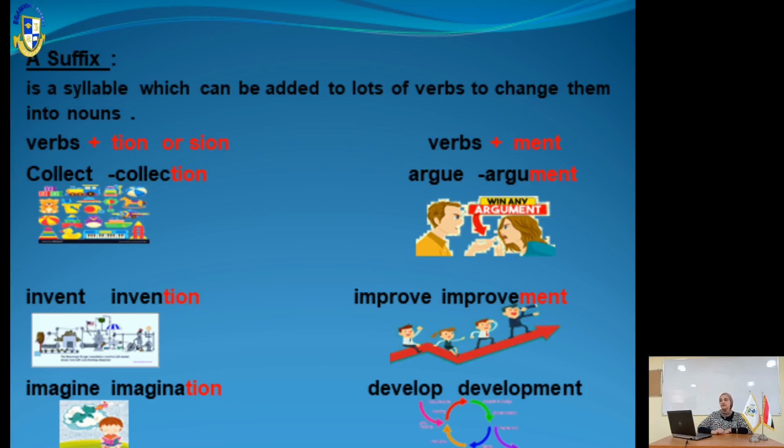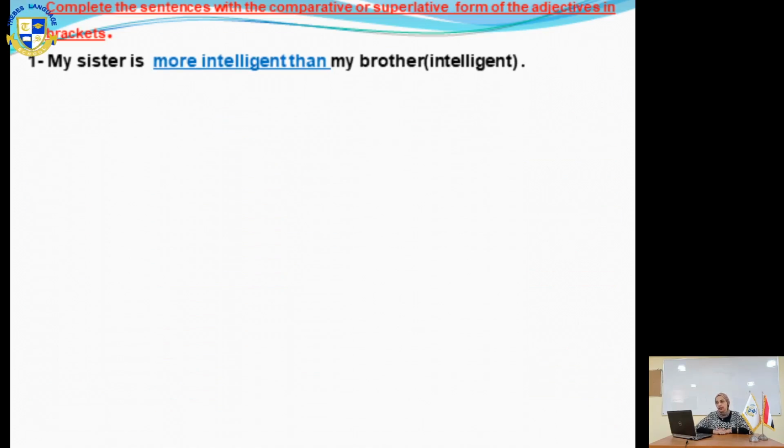Now, let's have some exercises on slide 7. Complete the sentence with the comparative or superlative form of the adjective at the end, then you are going to compare. I have here, my sister is, and there should be a space here, and my brother, we have intelligent. So, is intelligent a short or a long adjective?